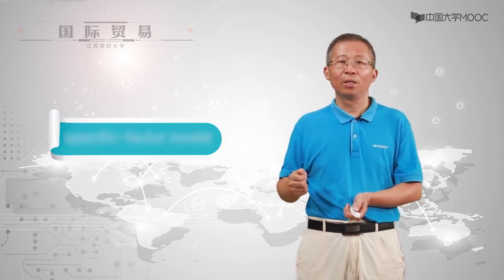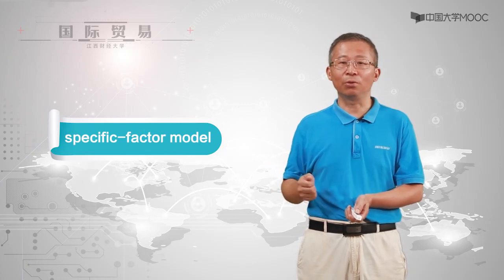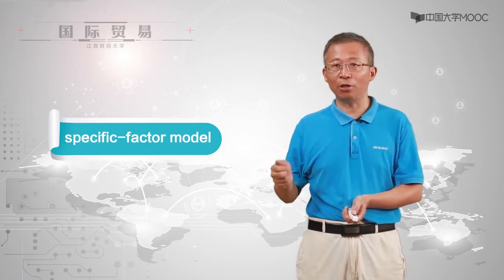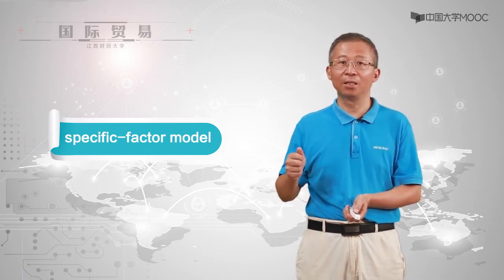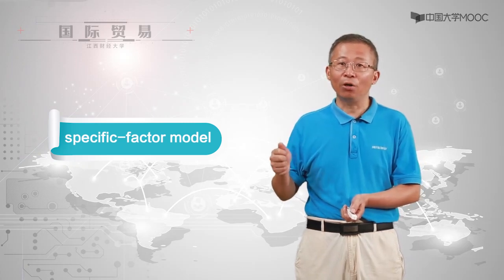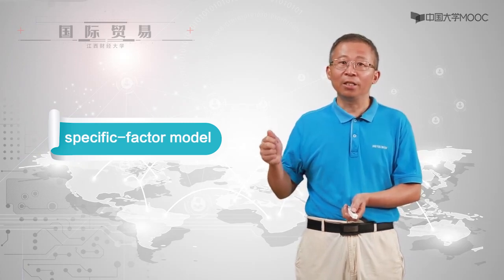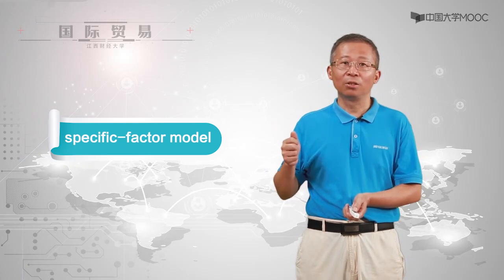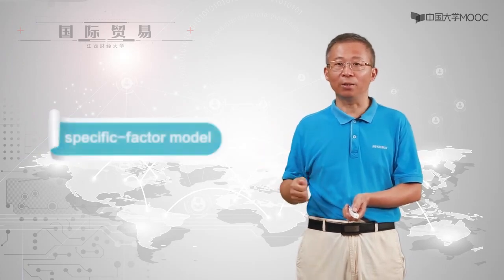This conclusion is similar to the one reached in the case of the specific factors model. In the specific factors model, factors of production that are stuck in an import-competing industry lose from the opening of trade.